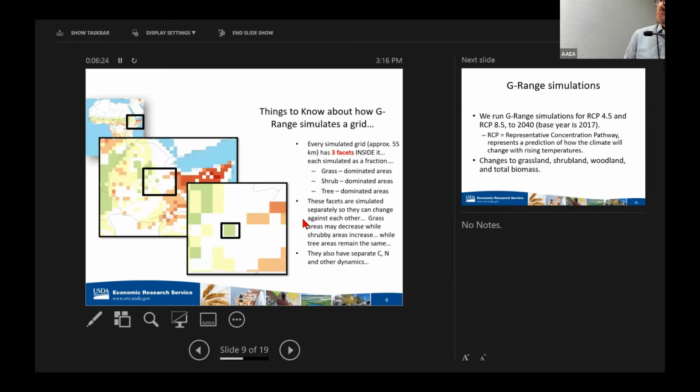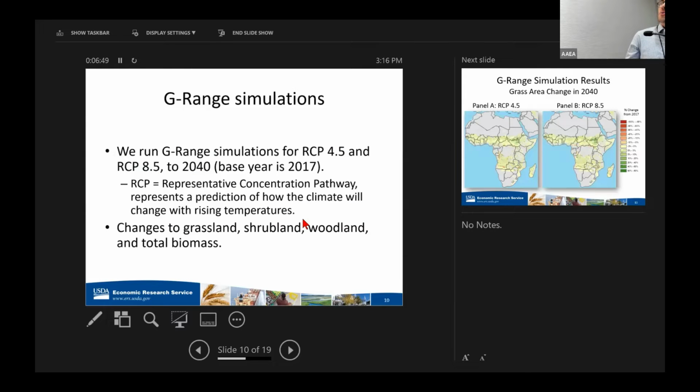There are a few things that I'd like to highlight about the G-Range simulation. We're looking at very, very small grid cells, and we could look across the entire world. We're focusing on sub-Saharan Africa in this presentation, and we're looking specifically at areas of grassland, shrubland, and tree land, and then also the total biomass in these areas as well. We're going to run G-Range simulations for two representative concentration pathways.